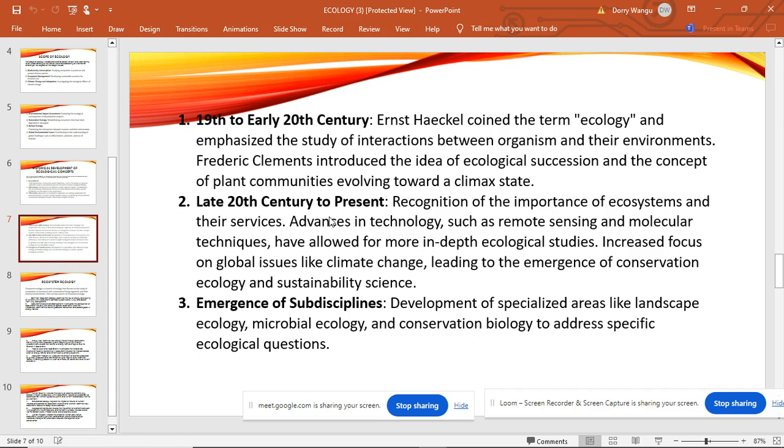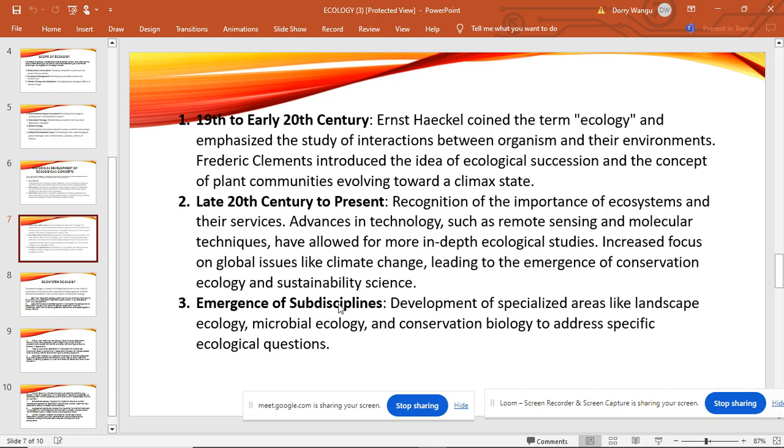Late 20th century to present: recognition of the importance of ecosystems and their services. Advances in technology such as remote sensing and molecular techniques have allowed for more in-depth ecological studies. Increased focus on global issues like climate change led to the emergence of conservation ecology and sustainability science.